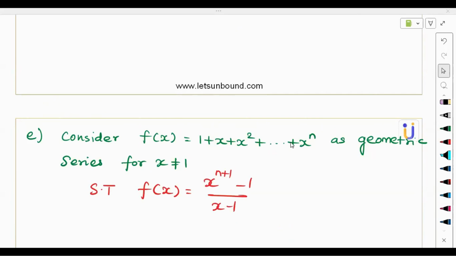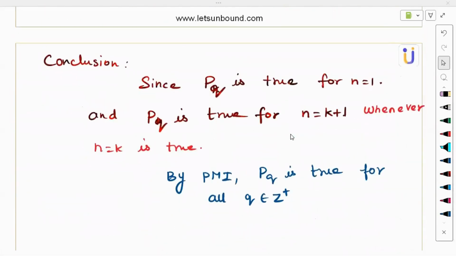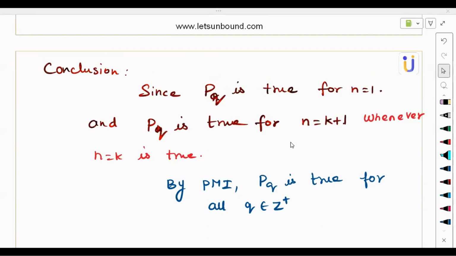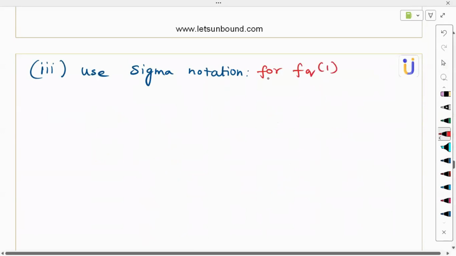Okay, so we have to use the sigma notation, and we have to mention F q of 1 in sigma notation. So that's the third part. Use sigma notation for F q of 1.